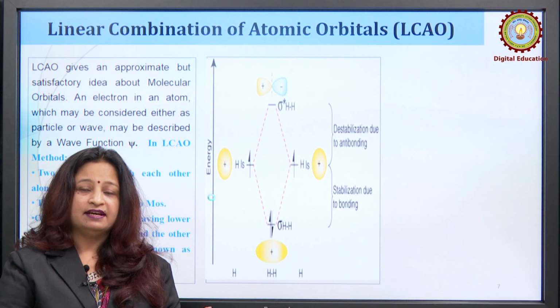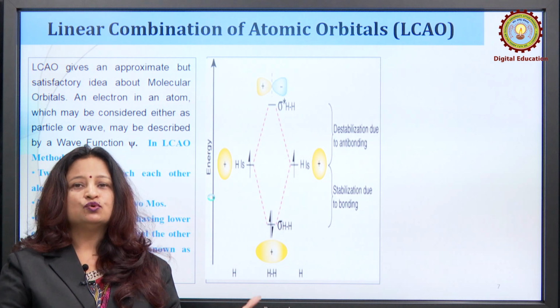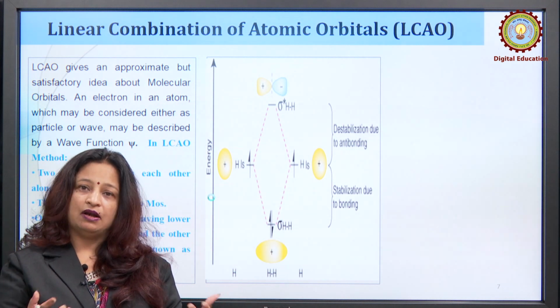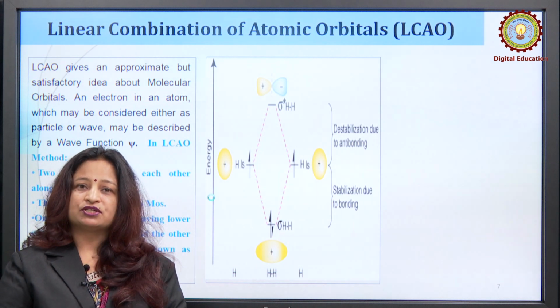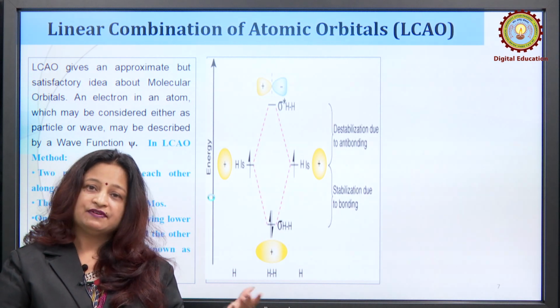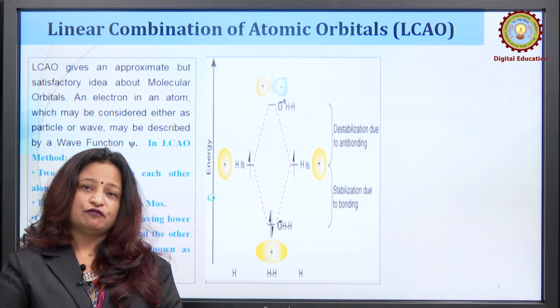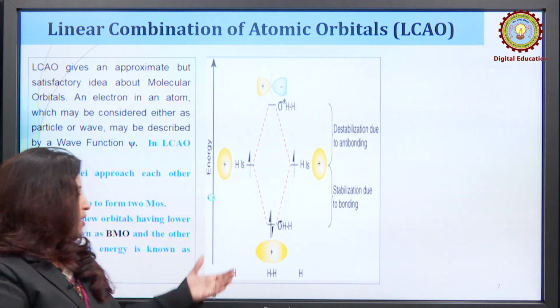So, in the linear combination of atomic orbitals, two atoms approach each other along the same line, overlapping occurs, and it leads to the formation of molecular orbitals. As we have discussed, two types of molecular orbitals are formed here.